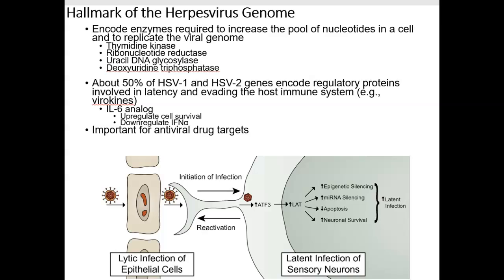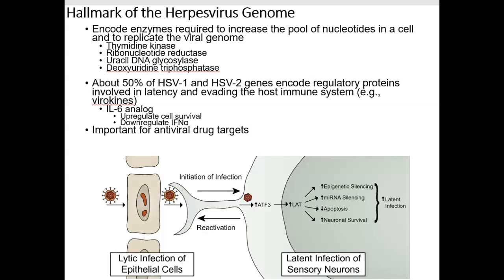Okay, so remember that all herpes viruses are going to share a few things in common. Number one, they can all go into latency. All herpes viruses are going to have a DNA genome that replicates in the nucleus, and they can all enter latency.